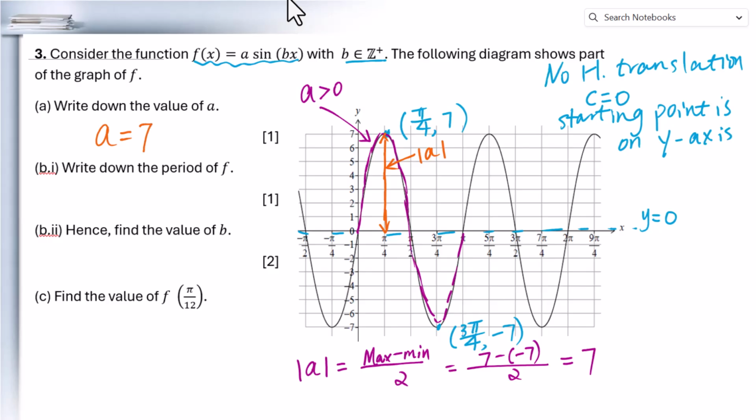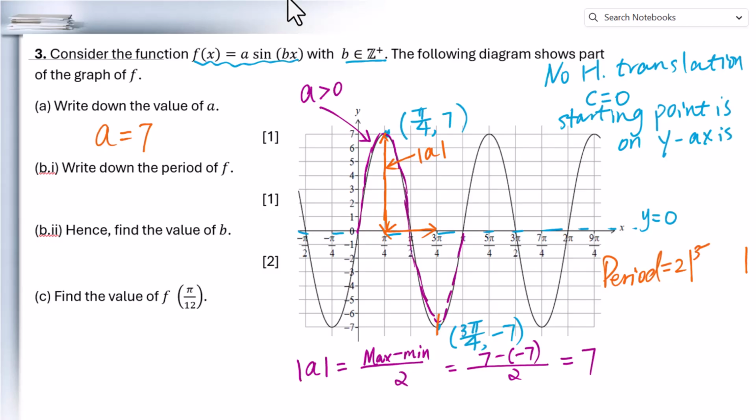Write down the period of f. We will use this formula: period equals double the horizontal distance between neighbor maximum and minimum points, which is this distance.